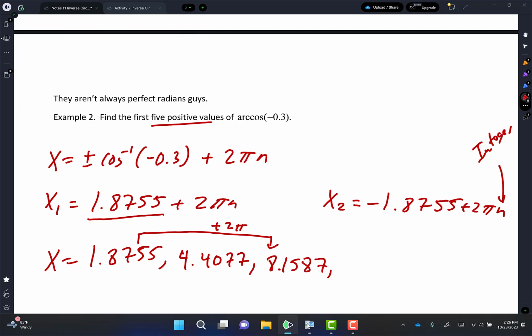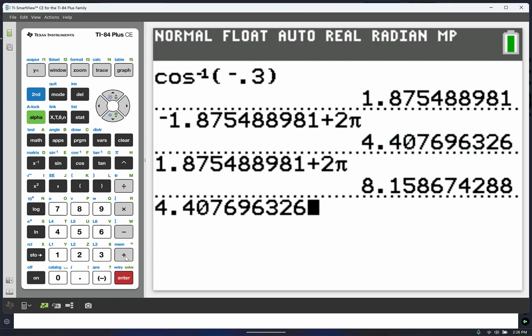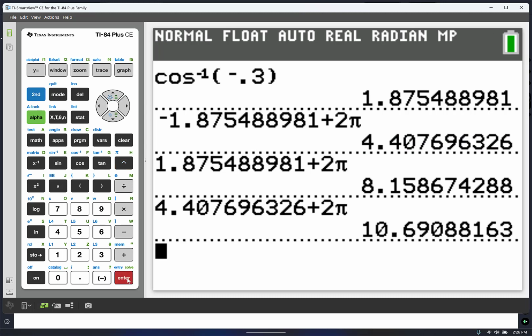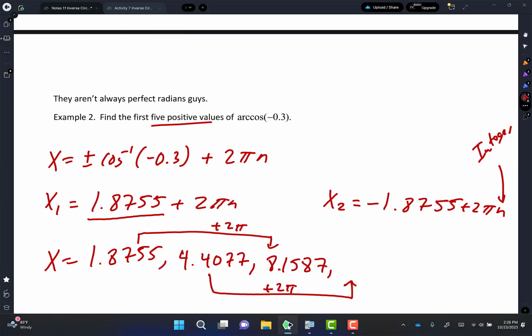The next one's going to come from the 4.077, and I'm going to add 2 pi. Scroll up, plus 2 pi, enter. 10.6909. Try it with me, guys.